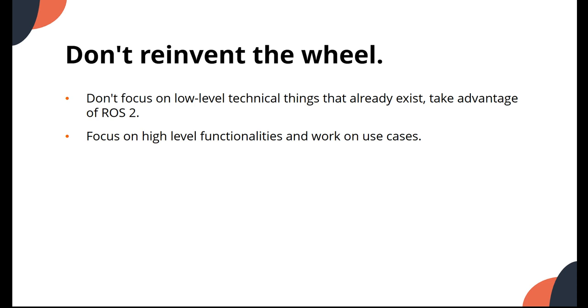So don't reinvent the wheel. ROS2 is going to allow you to not focus on low-level technical things that already exist. And by using ROS2, you can just focus on high-level functionalities and just work on your use cases. So a lot of these things, like I mentioned, mobility, allowing the robot to move a certain way, there are already libraries that other people have used for things that are commonly applied in robotic platforms that you can just take advantage of by using ROS and focus on what you're really trying to get your robotic platform to do.